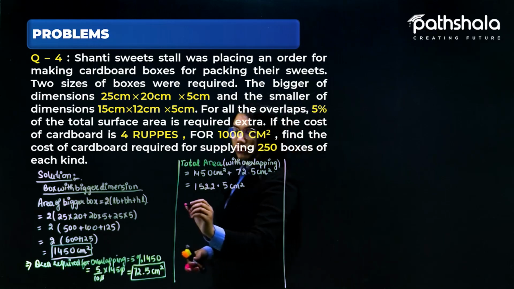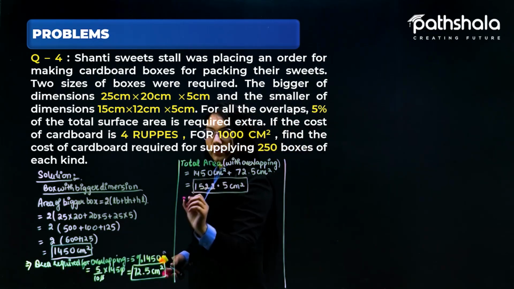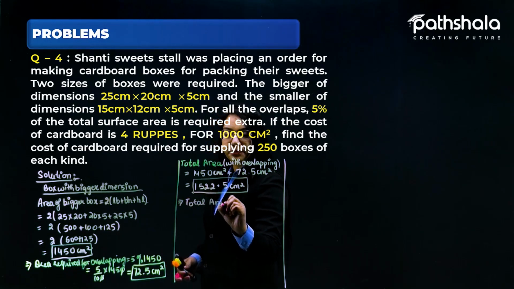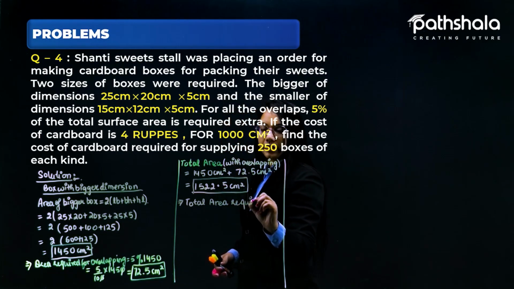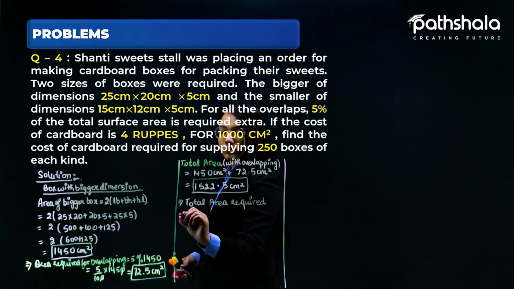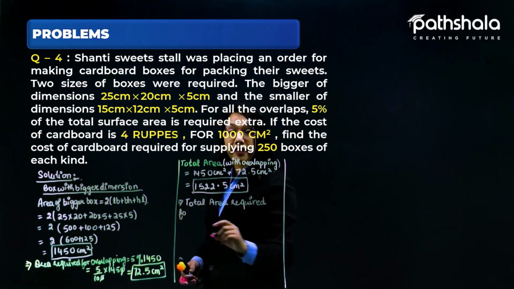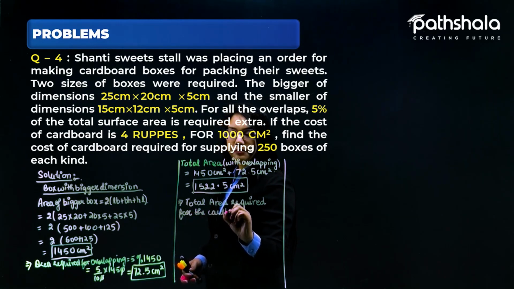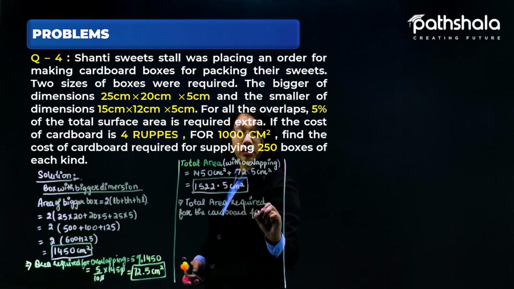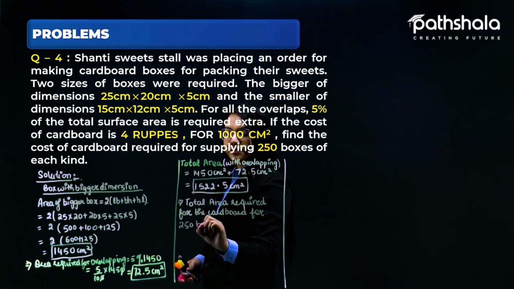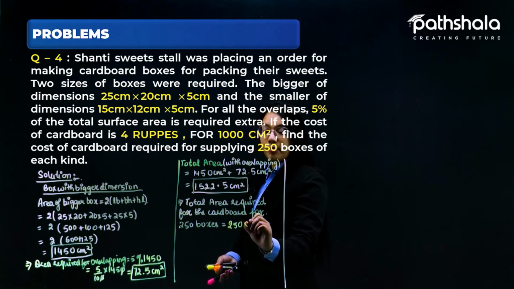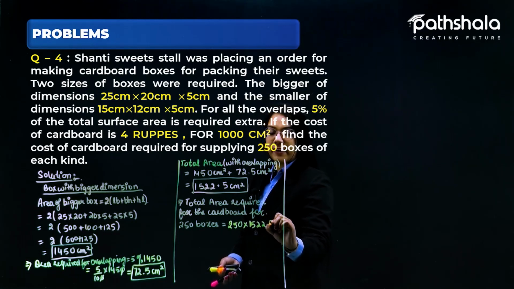So the total area required for the cardboard for 250 boxes is equal to 250 into the area of one box, and we know the area of one box is 1522.5 centimeter square.